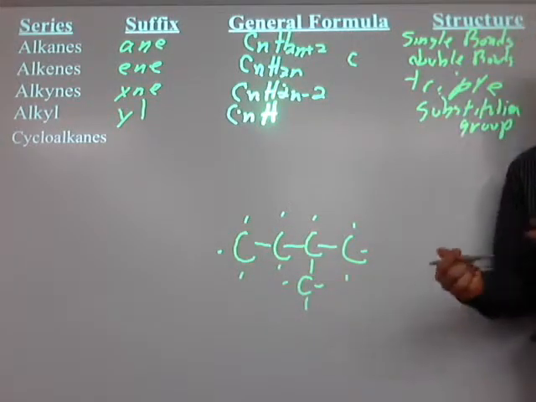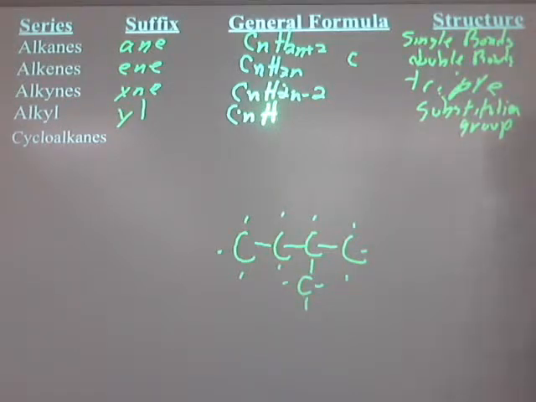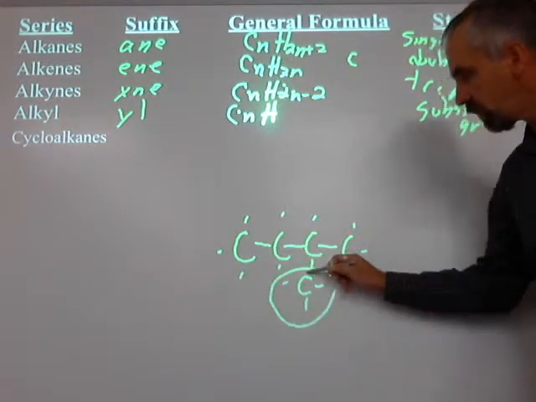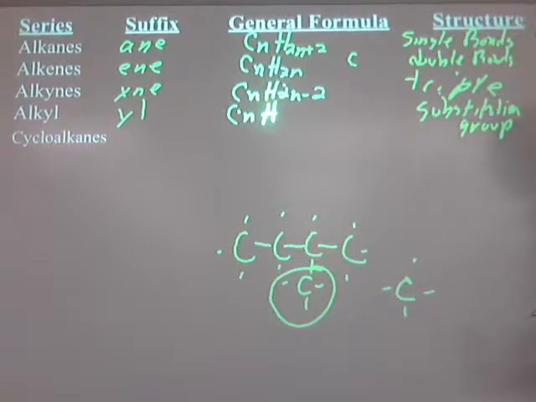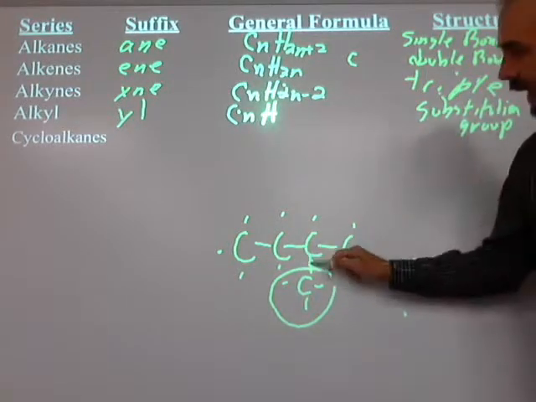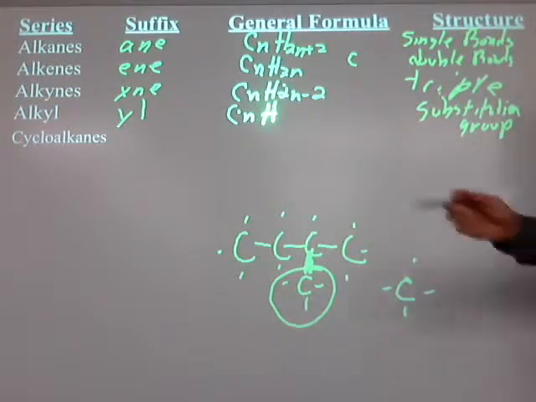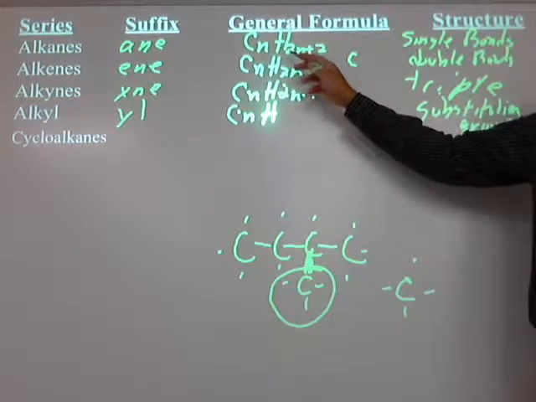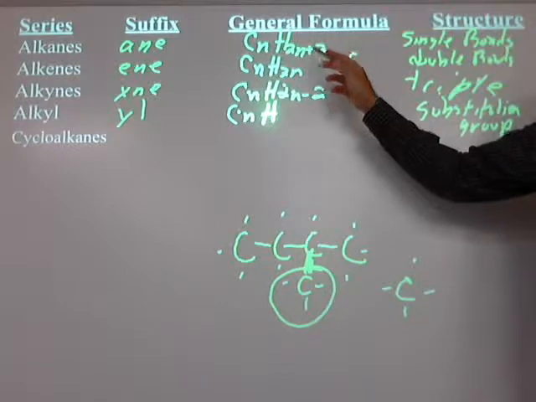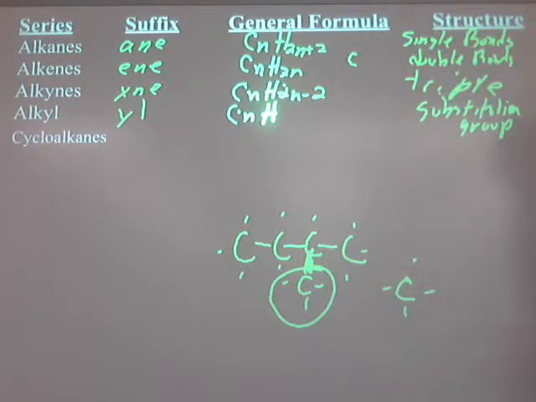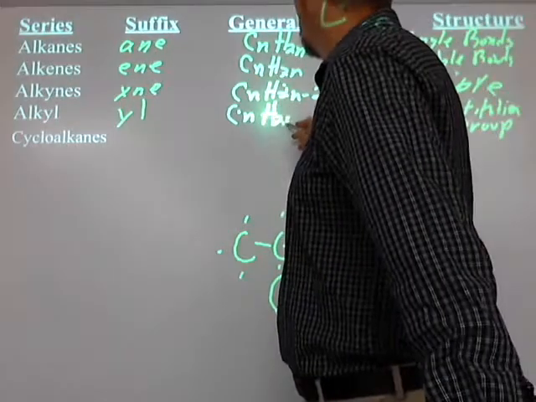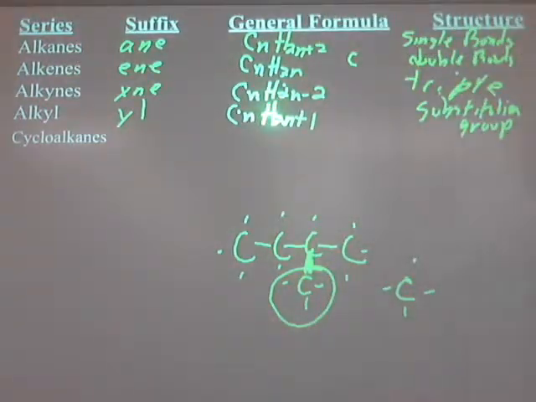It's kind of like methyl, kind of sounds like methane. What's going to be different between this and actual methane? What's it going to have one less of? It's going to have one less hydrogen because it has to attach to the chain somewhere, right? So what do you think? 2n, not plus 2. We just said it's going to have one less, plus 1. CnH2n plus 1. Good.